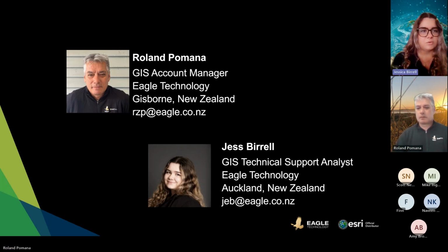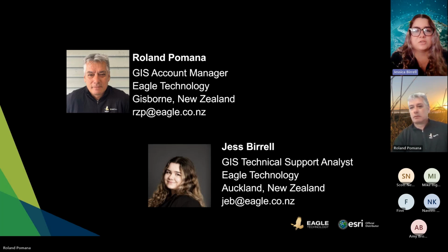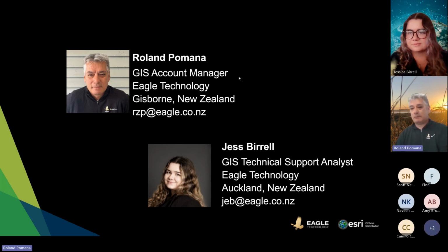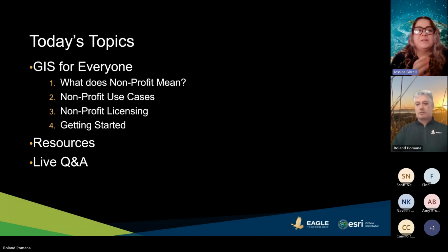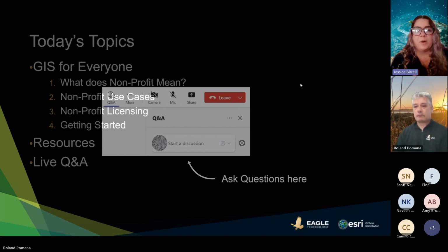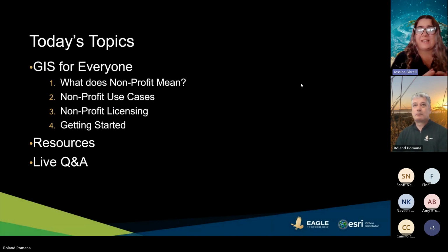Awesome. So we'll just give a brief overview of today's topics. We'll be discussing GIS for everyone today and breaking it down into some key focus areas, which are fairly common questions that myself or Roland might get with this topic. For part one, we'll be looking at what non-profit licensing actually means and if it's something your organisation might qualify for. In part two, we'll look at the common uses of the non-profit software as well as what groups are utilising it within New Zealand.